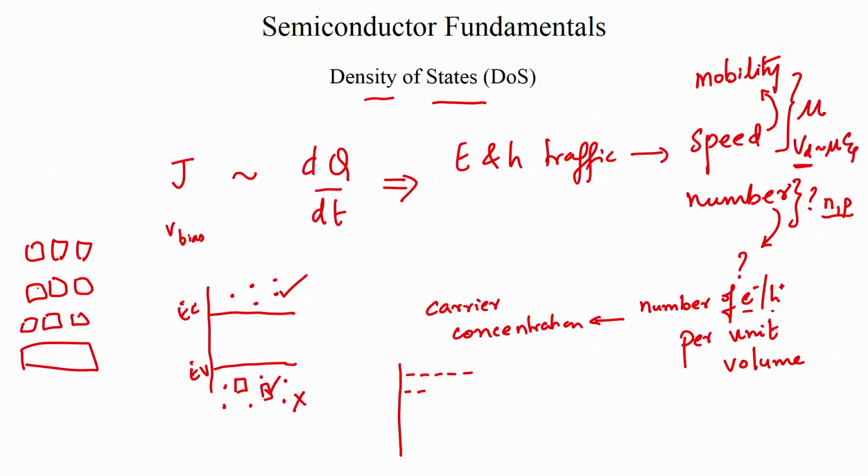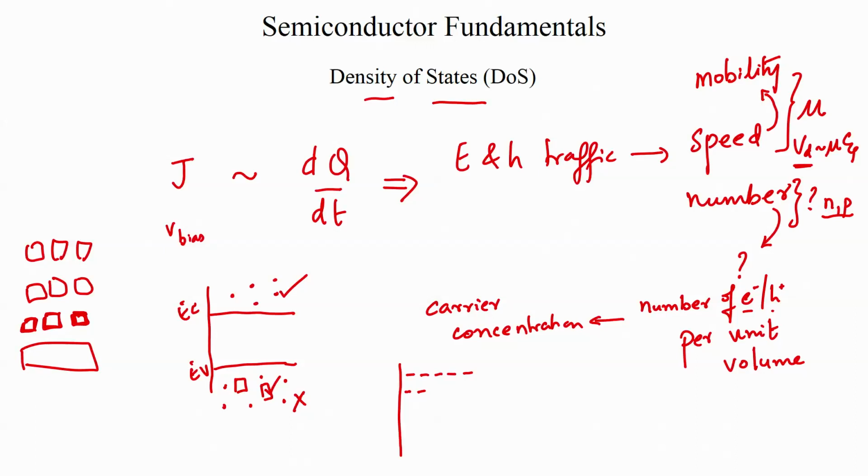He or she cannot stand in the classroom. If the students are imagined to be electrons, and you ask how many students are present in the classroom, you need two parts to answer that question.